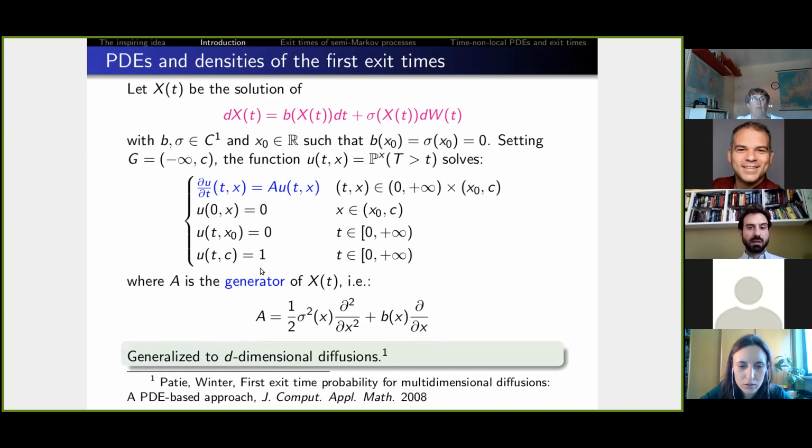You know that it satisfies a PDE, so from this PDE you can get a numerical solution, and in applications for mathematical modeling you can approximate this quantity effectively. The capital A here is the generator, which you can obtain starting from the governing SDE.